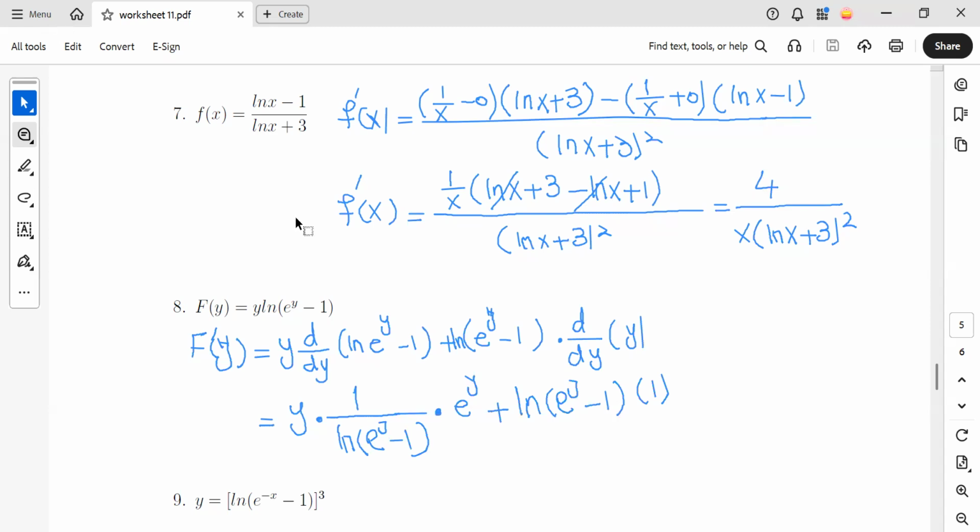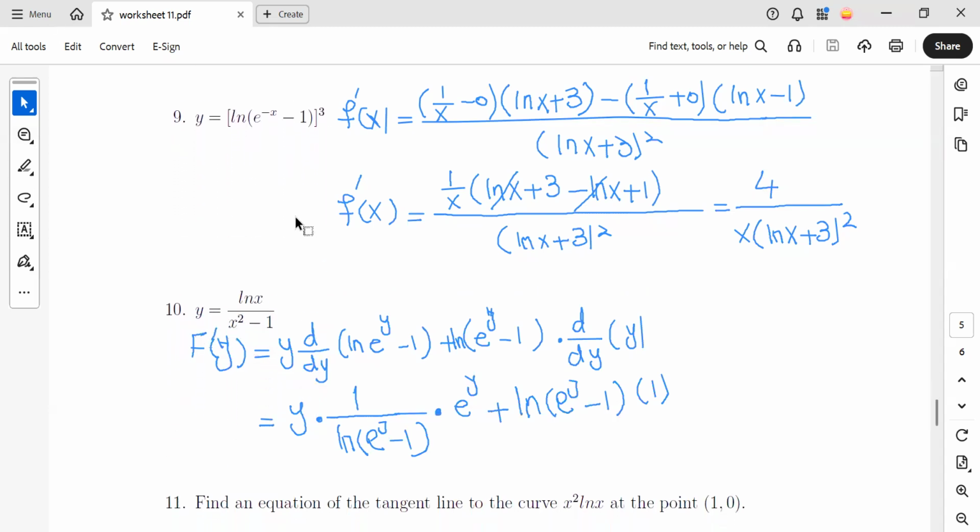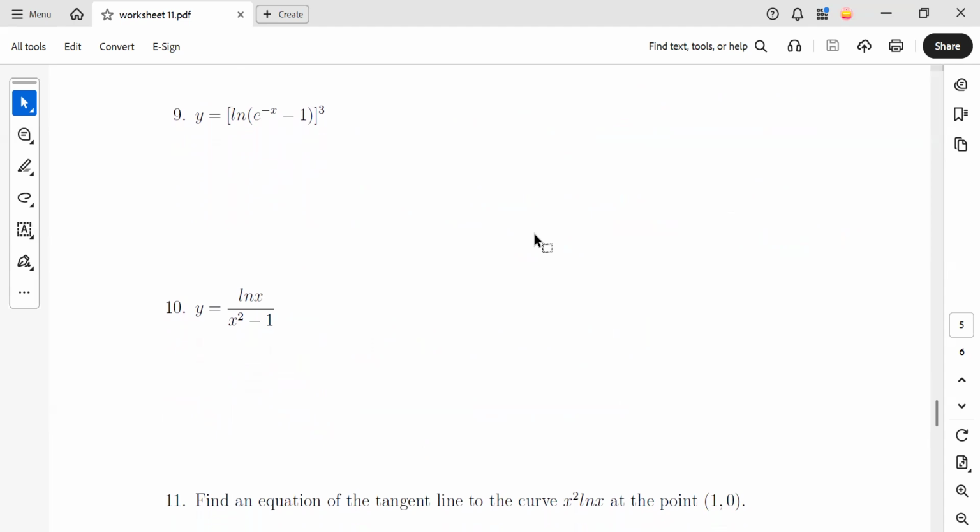Okay, next one is number 9 here. For number 9, this is basically a power function because we have something to the power 3.